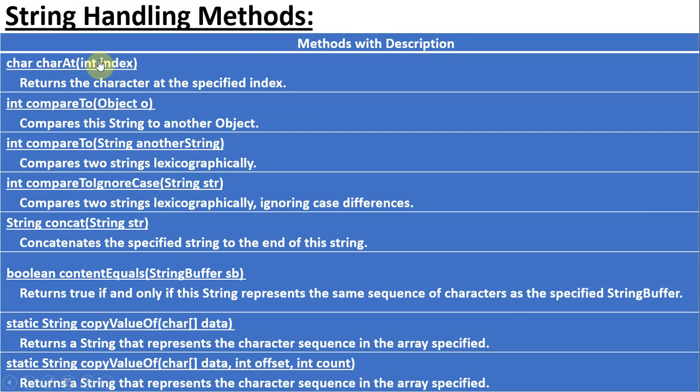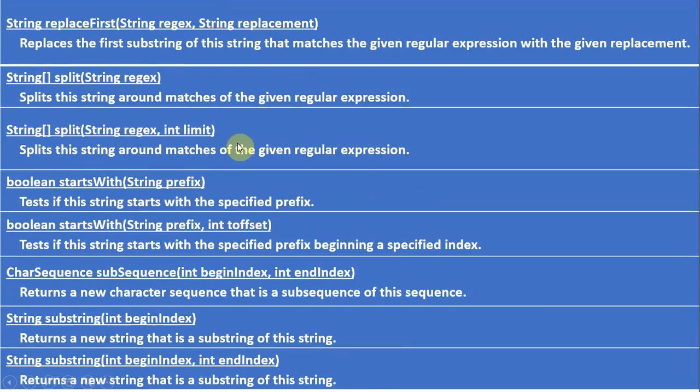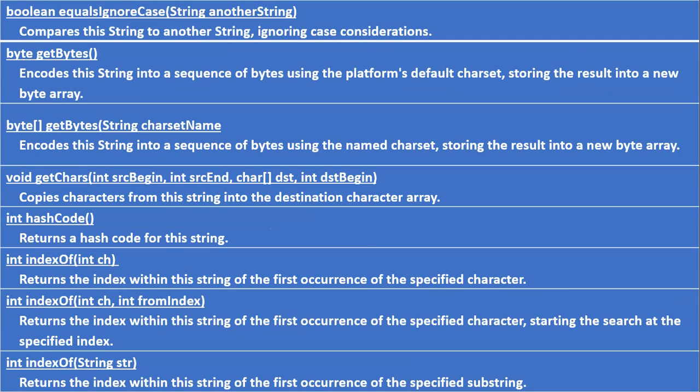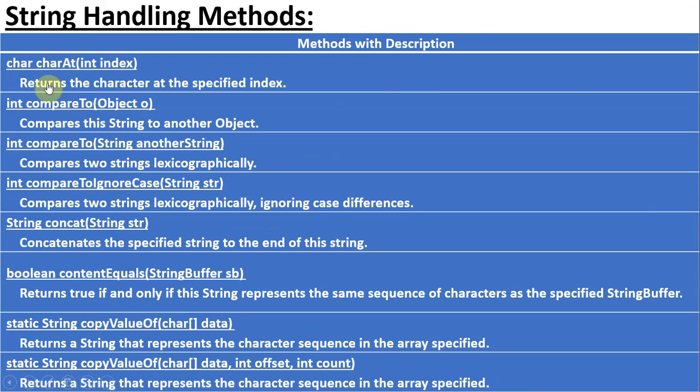Okay, so string handling methods. So many methods are there, and I don't want to discuss all of those, we will just discuss a few. This is the charAt method. charAt means, based on the index we pass as the parameter, this method returns the character at the specified index.